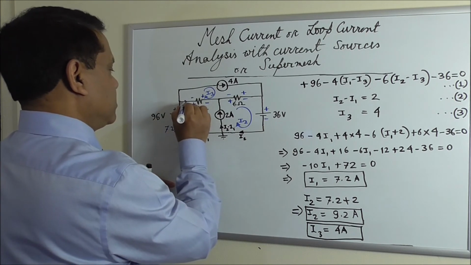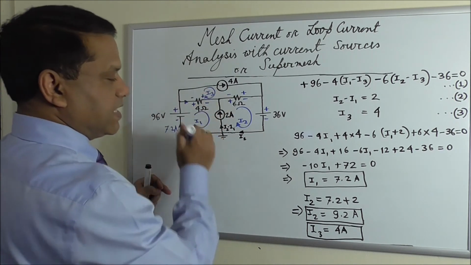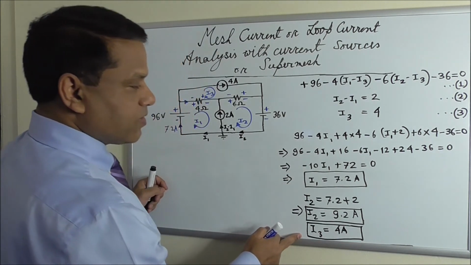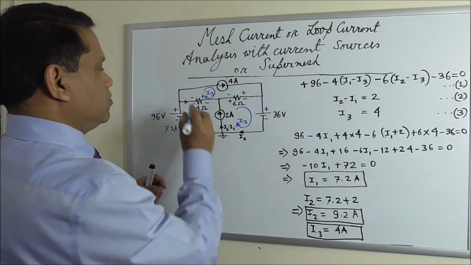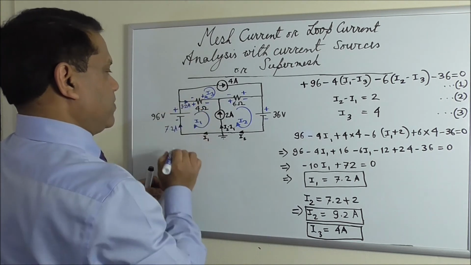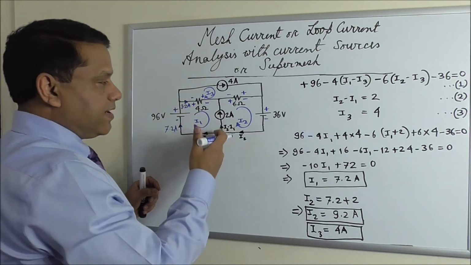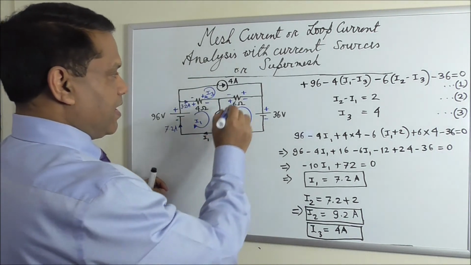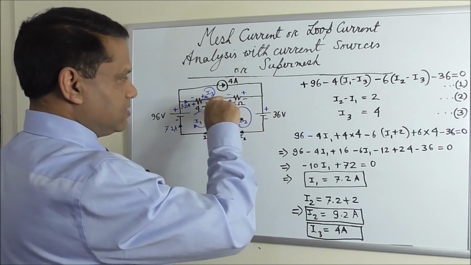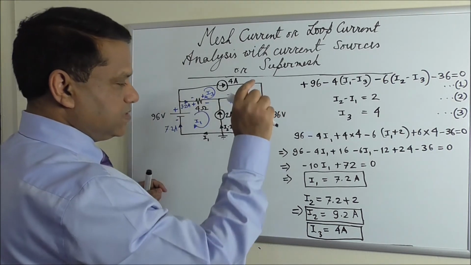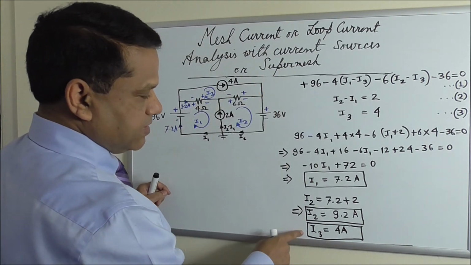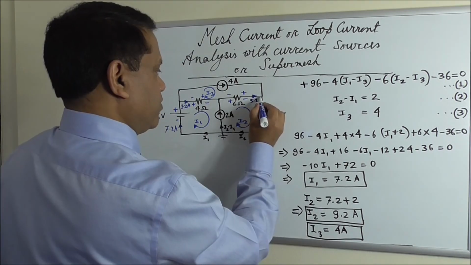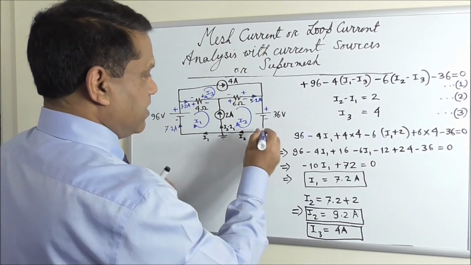And this branch current is I1 minus I3, which is 7.2 minus 4, it will be 3.2 ampere. And current in this branch has to be 2 ampere upward because this is a current source. And in this branch current is, this way is I2 minus I3, and I2 minus I3 is 9.2 minus 4, which is 5.2 ampere.